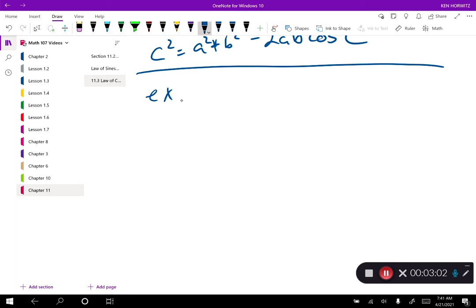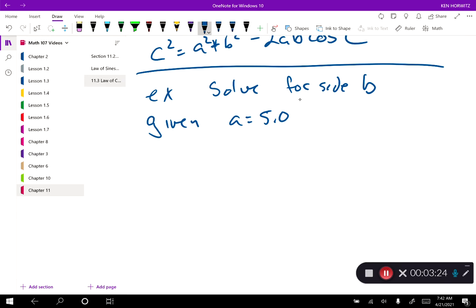All right. If I say solve for side B, given side A equals 5 and side C equals 8 and angle B equals 77 degrees.